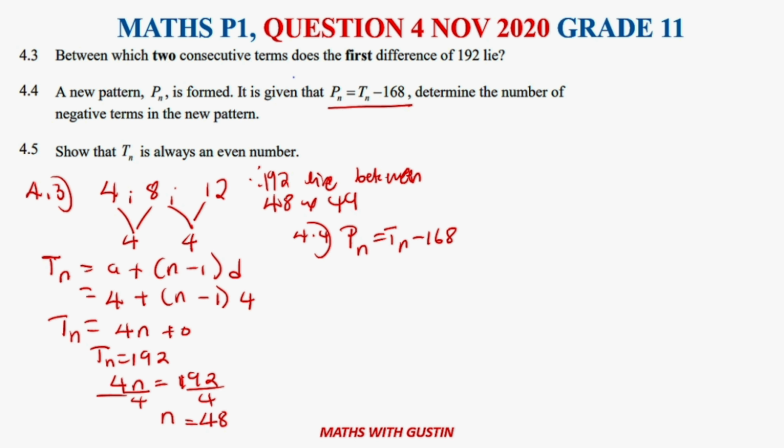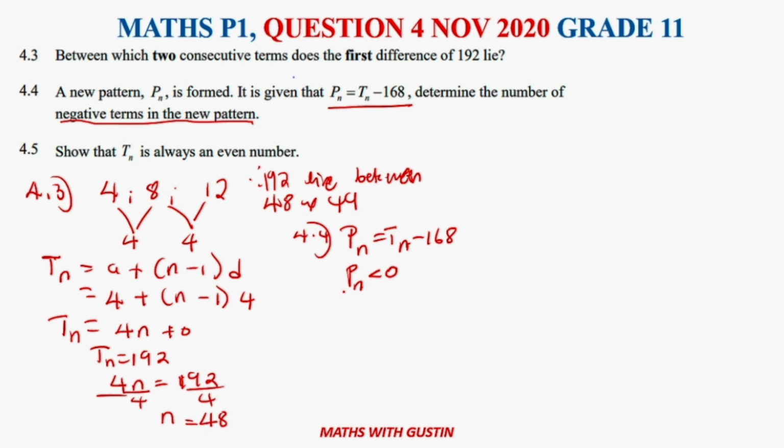So now what we can do here, we already know that Tn is given by it's our quadratic formula here, is given by that pattern here. So the only thing that we know is that this Pn, because it's the new term, they said negative terms. Okay, so it means you are looking for Pn where it's less than 0, where everything is less than 0.